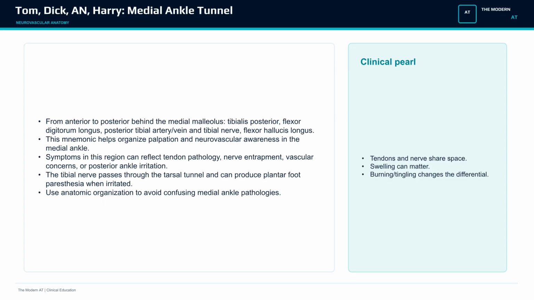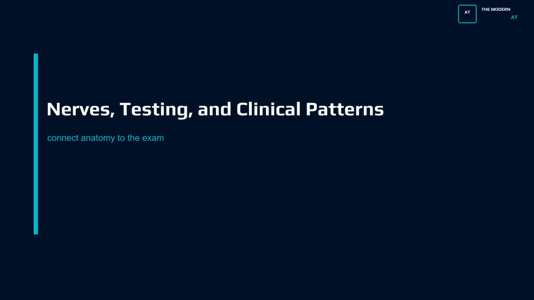That means swelling, trauma, or tissue irritation can influence multiple structures. Symptoms here may reflect tendon pathology, tarsal tunnel syndrome, vascular concern, or posterior ankle irritation. The key clinical point is that burning, tingling, numbness, or plantar foot paresthesia changes the differential and should prompt neurovascular screening.